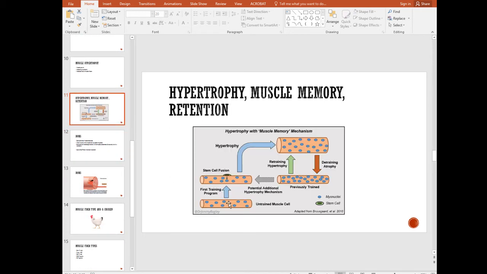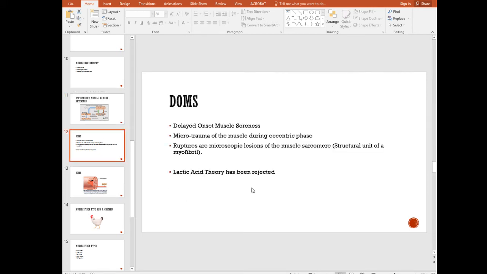When you break the muscle fibers down here, let's say this is the first training program, you may get a lot of soreness, and that's called delayed onset muscle soreness. So you get the microtrauma, and then the muscles heal back up, and because you've had all these ruptures at the microscopic level, that has to heal. The older theory was that it was lactic acid causing the pain, and that's not necessarily true.